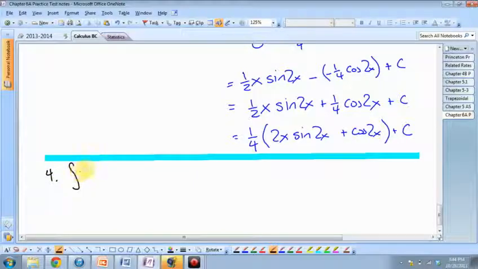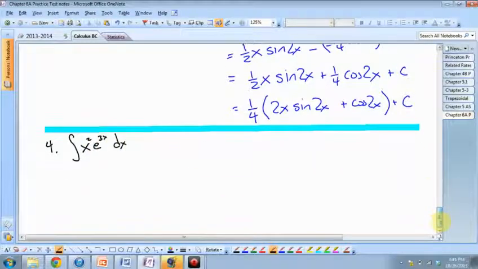Antiderivative of x squared e to the 3x. Okay, so u substitution doesn't work here. If u is 3x, I'll still have an x squared there. So u substitution won't work. This is a good place for us to use integration by parts, IBP.